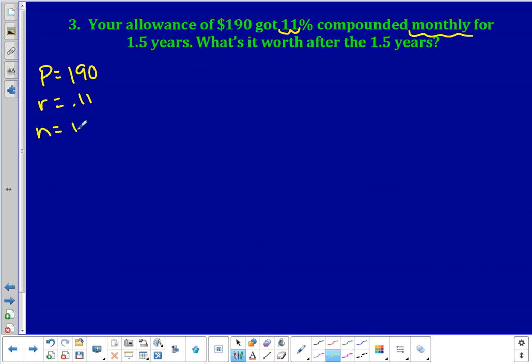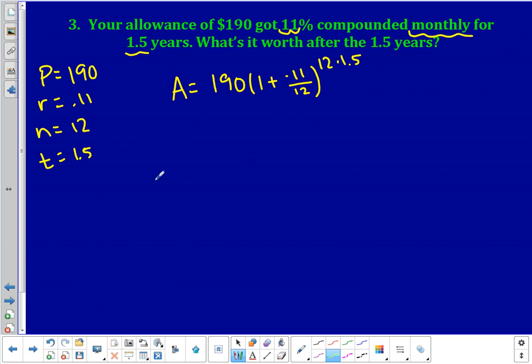Monthly means our n is 12 and time is 1.5. All right, so let's set up our formula. We have $190, 1 plus 0.11 divided by 12, and then in the power, 12 times 1.5. And in two places, that's what your formula should look like.